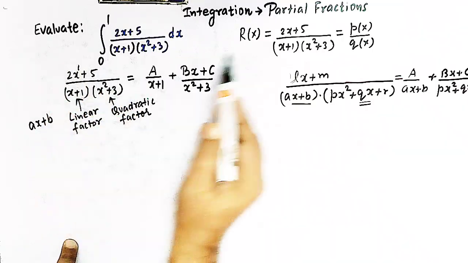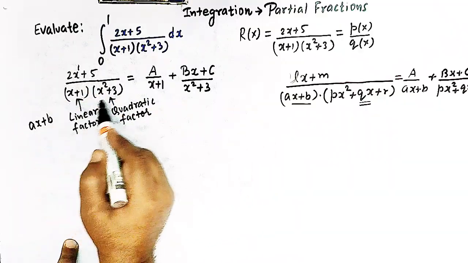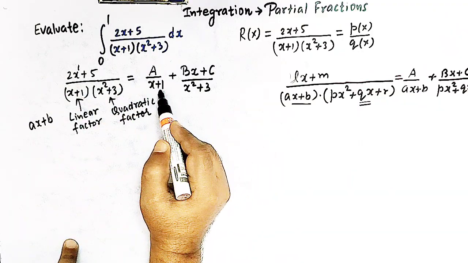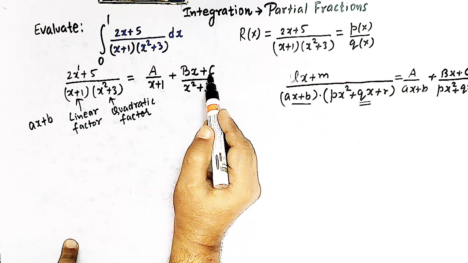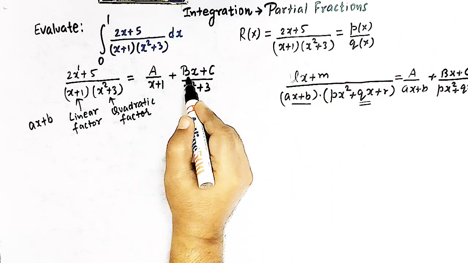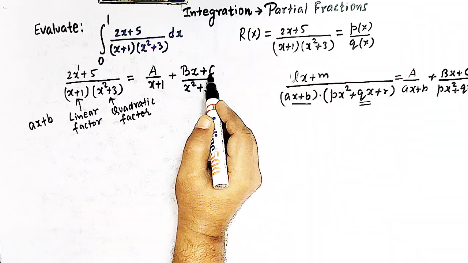So the partial fractions of this rational function are given by a over x plus 1 plus bx plus c over x square plus 3. And now our aim is to get the values of a, b, and c, right?